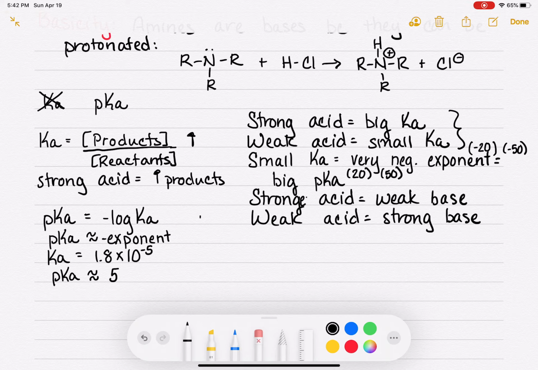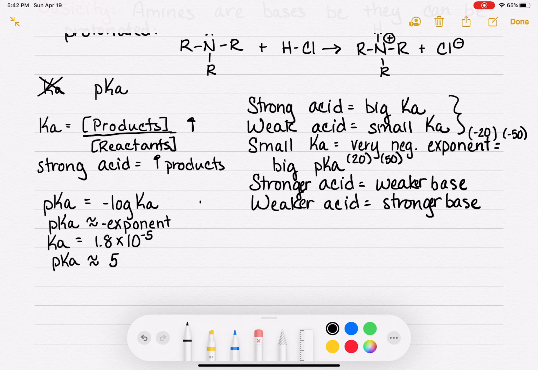So maybe we should say a stronger acid is a weaker base and a weaker acid is a stronger base, so we don't confuse it with strong acid, strong base. We've got one more thing we have to remember: pKa plus pKb is always equal to 14. So keep that in mind as we're doing all these things.